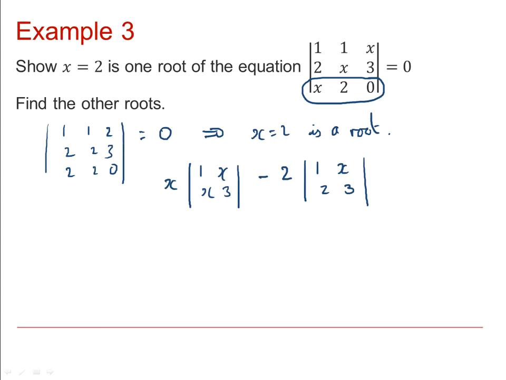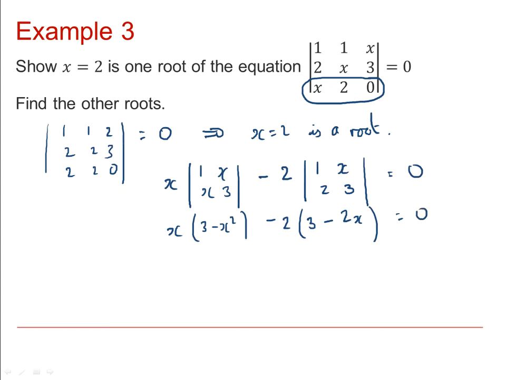And if you multiply that out, we get x multiplied by 3 minus x squared, and then minus 2 multiplied by 3 minus 2x. And that must be equal to 0 because we're told the determinant is equal to 0.